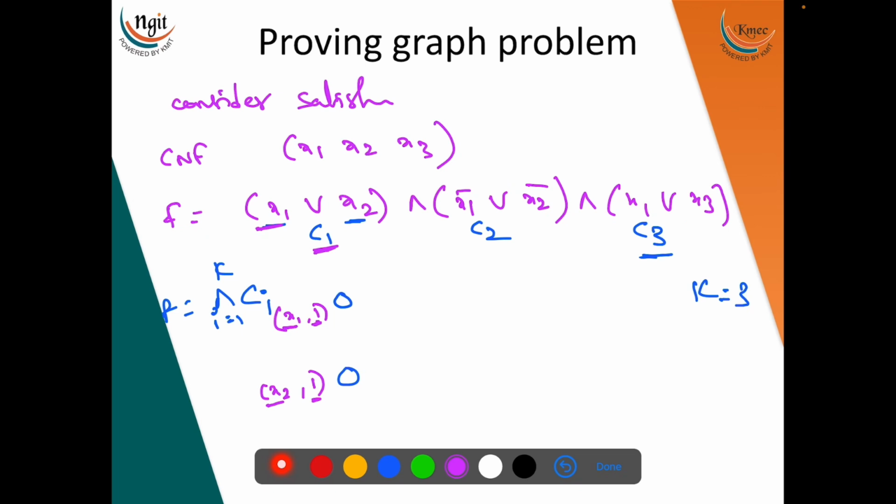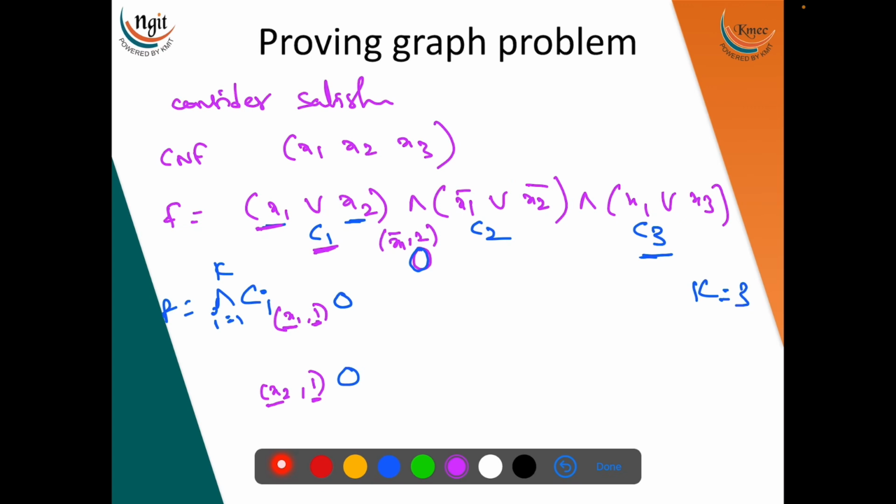Now we'll take these, the negations. Negation x1 dash, so this one is (x1', 2).